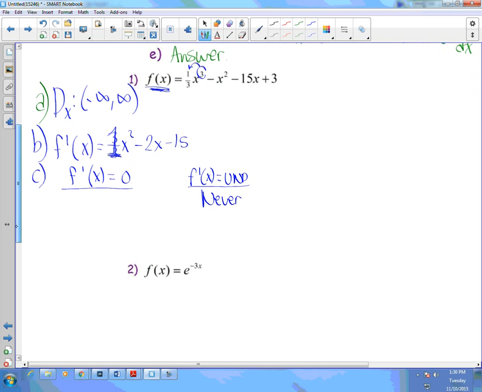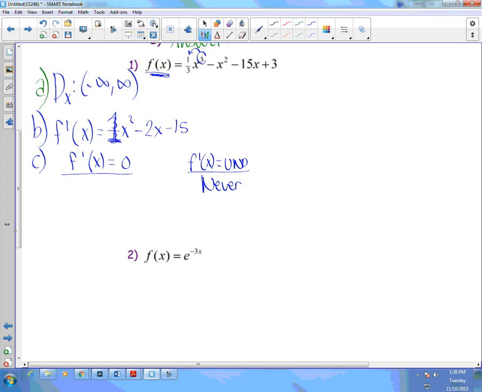So we're going to take our f prime function and set it equal to 0, and then move back to secondary math: how do we solve a quadratic that equals 0? Factor. 2 numbers that multiply to negative 15 and add to negative 2.